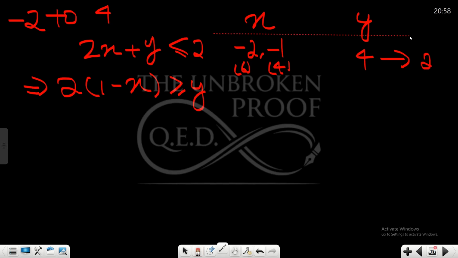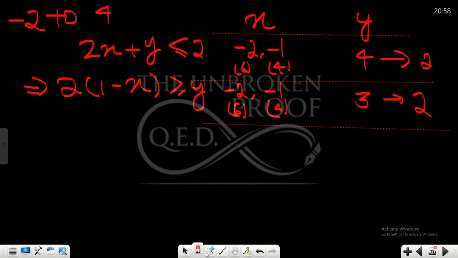Now if you take y as 3, then possible values are minus 2 and minus 1. So here also 6, here also 4, here also I will get 2. Actually you could have merged these 3 and 4 into one case only because we are getting the same result, so that we can write 2 into 2, which is 4.